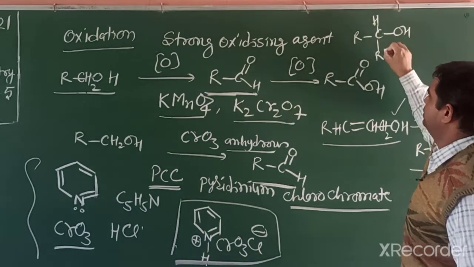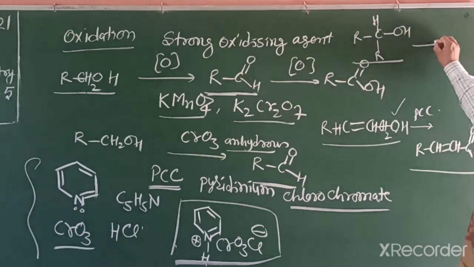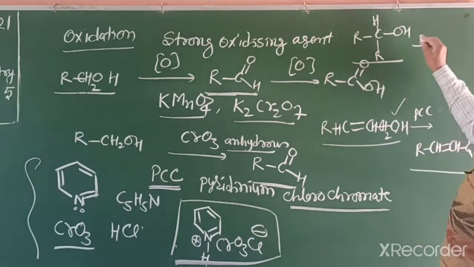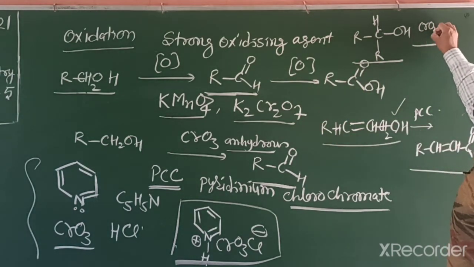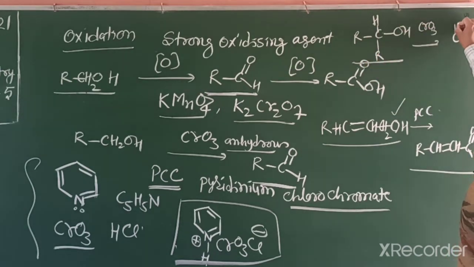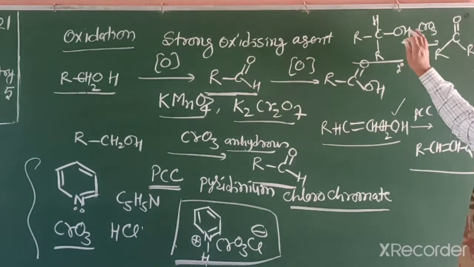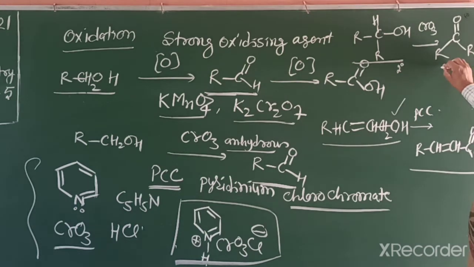This one is a secondary alcohol and when we use the reagent chromium trioxide, we get a ketone. So if the alcohol is secondary, or 2 degree, by oxidation we get ketones. And normally ketones are stable, they do not oxidize further so easily.